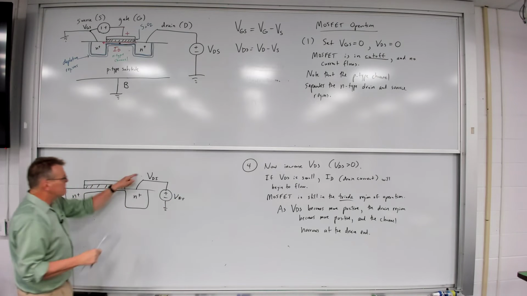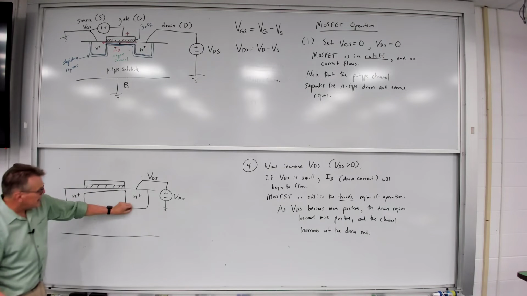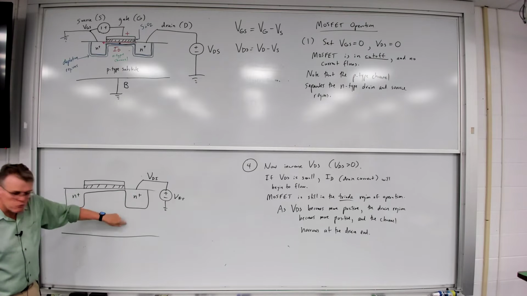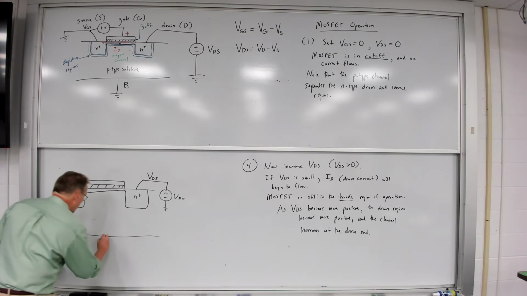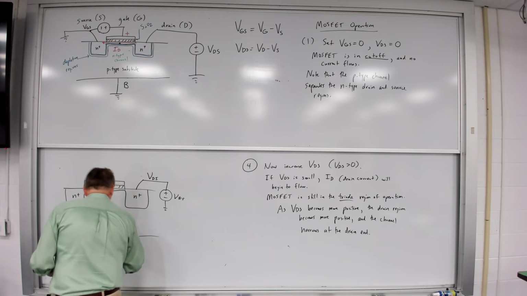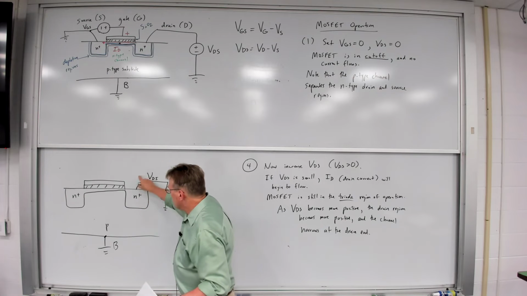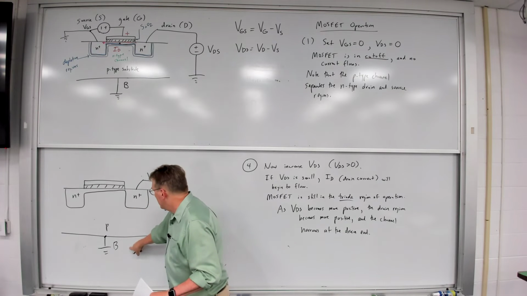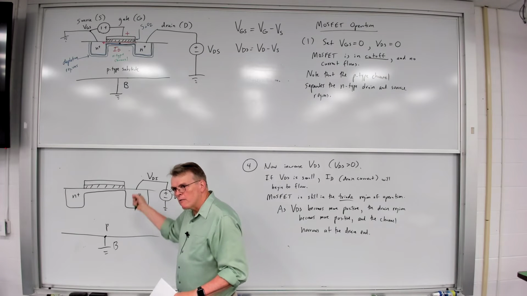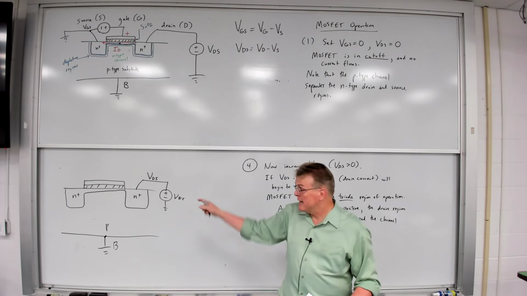So as VDS becomes more positive, then what I find is I get a stronger reverse bias between the drain and the substrate. So this is more positive, this stays ground, and therefore I get a larger reverse bias between the drain and the substrate, or between the drain and the bulk connection.